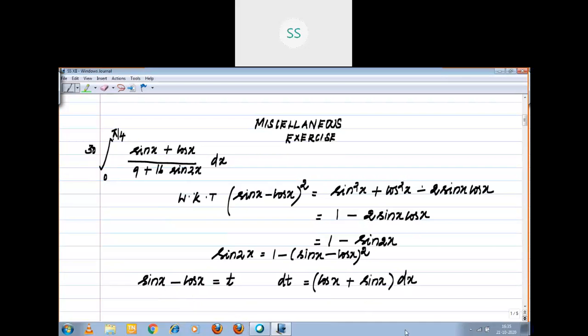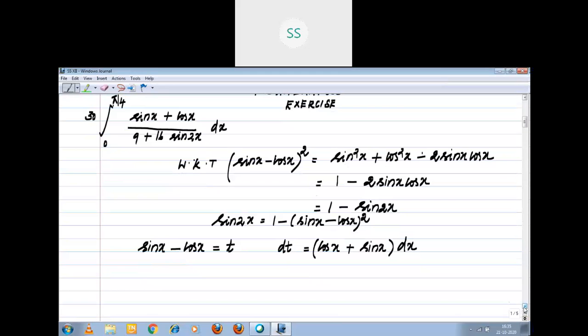Now, whenever you adopt substitution, if the limit is there, the limit also will change. When x is equal to pi by 4, t is equal to 0. When x is equal to 0, t is equal to minus 1.